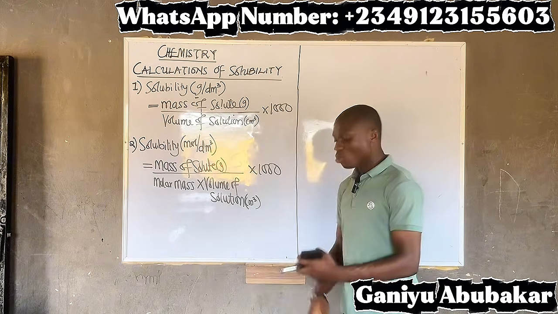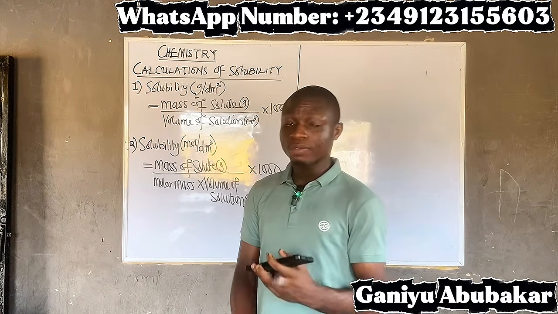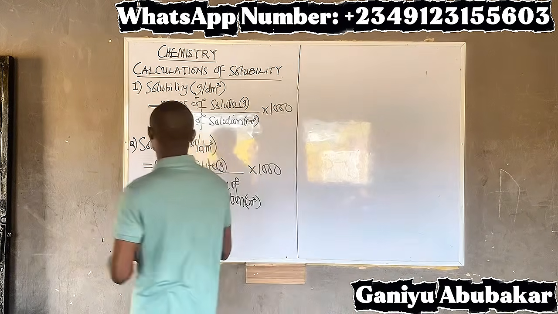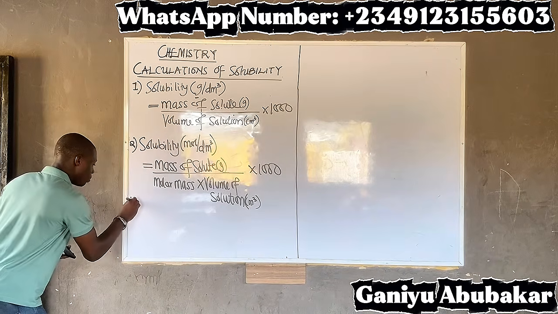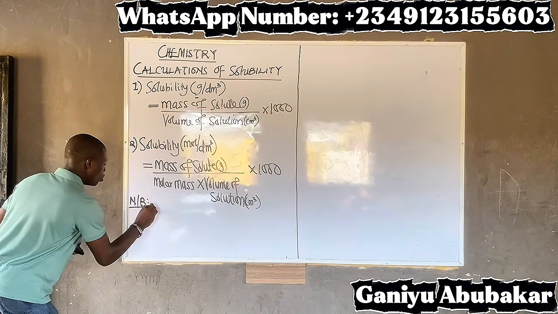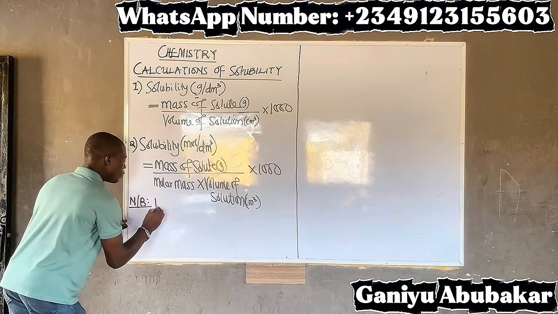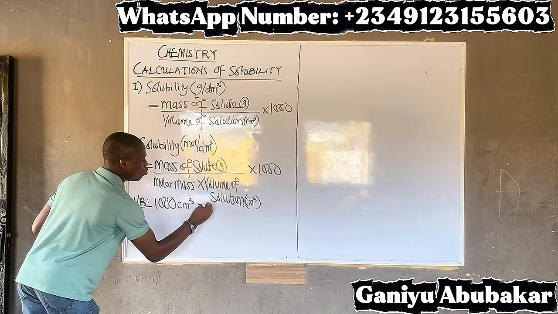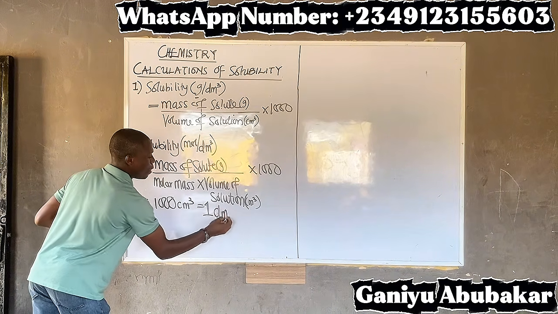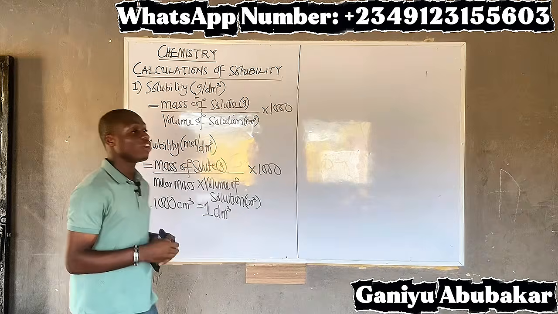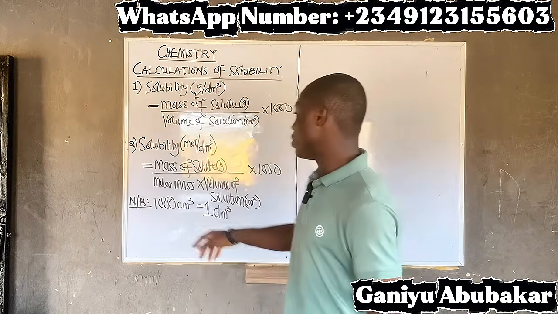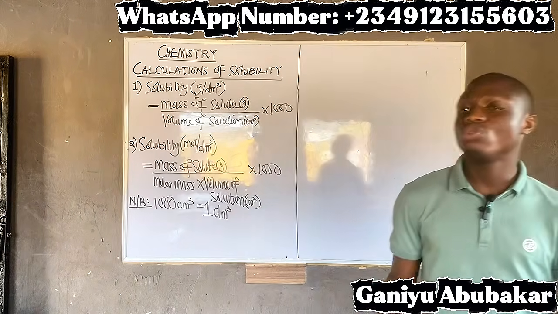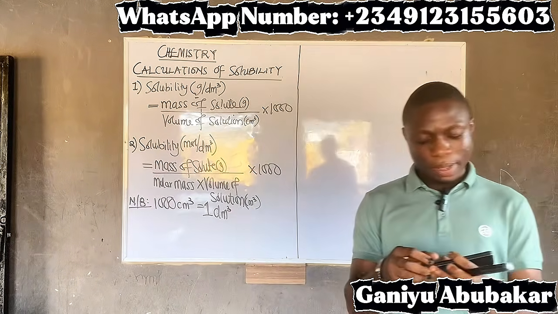These are the two formulas attached to solubility. Note, very important please, that 1000 cm cube is equivalent to 1 dm cube. Very important in case of conversion.